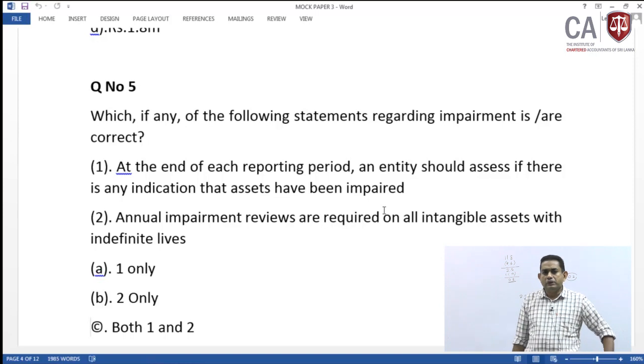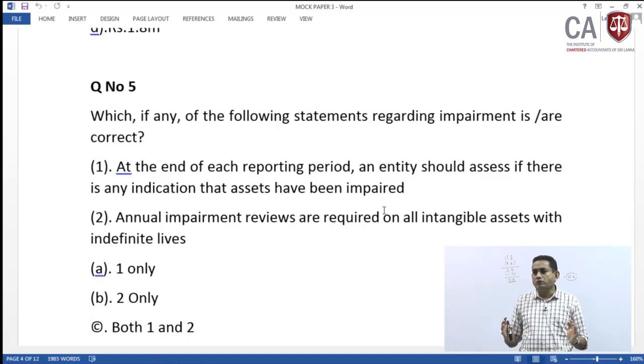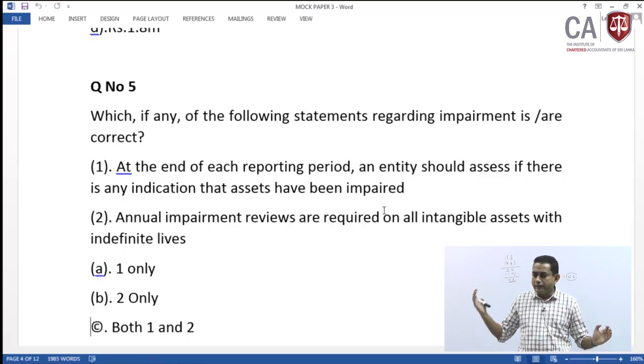IAS 36 talks about two kinds of assets basically: the assets that require annual impairment review and the assets that require impairment reviews only when there are indications.